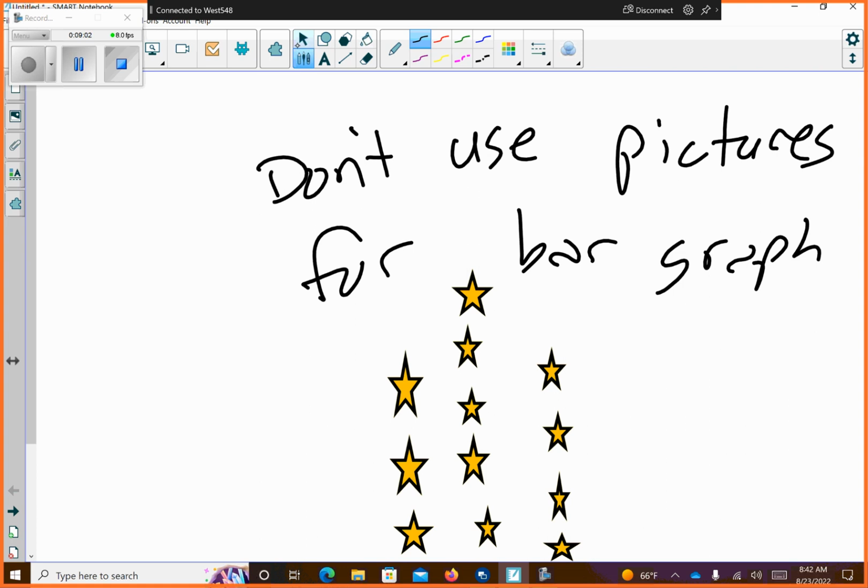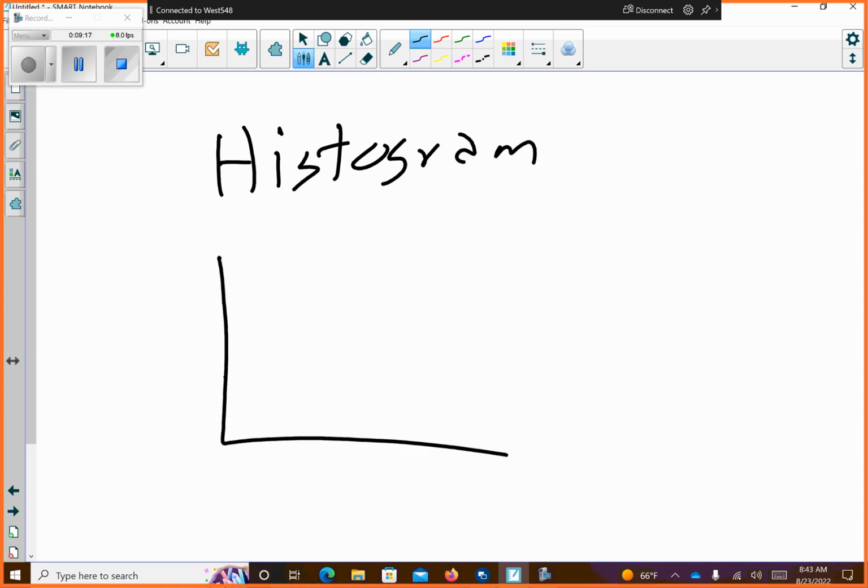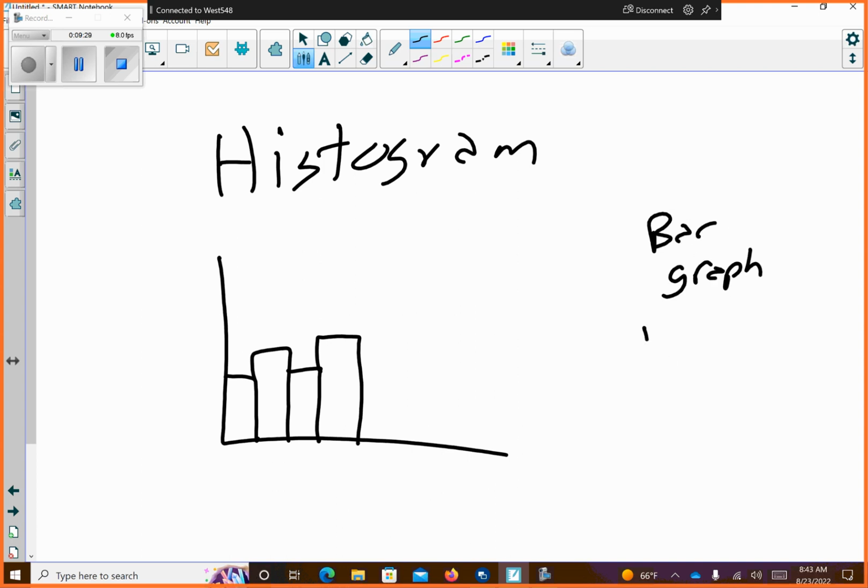Okay. All right. So I am on page 7. So we're talking about a histogram. And that histogram looks a lot like something that we've already kind of looked at. Histogram is this, and then what was the other one called? A bar graph? So a bar graph is what we had done the other day.